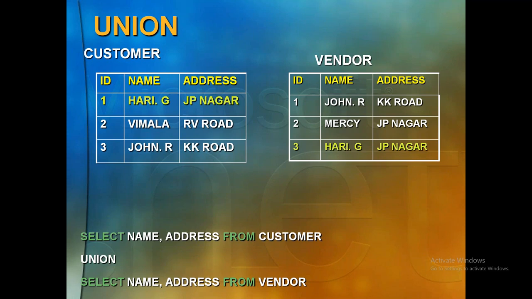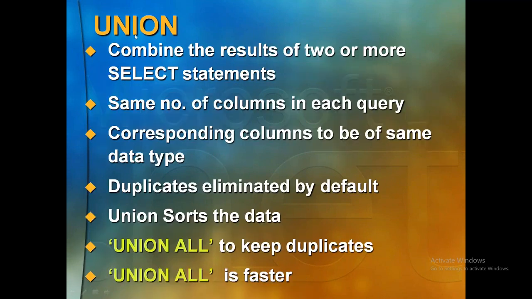So union is something different than the join. Join will always get matching data. You see, here there is no matching. Whether it is a 1 or a 10 or a 20, 30, it may be 1, 2, 3, doesn't matter. You should be able to unionize the data with the help of the union keyword. Clear?